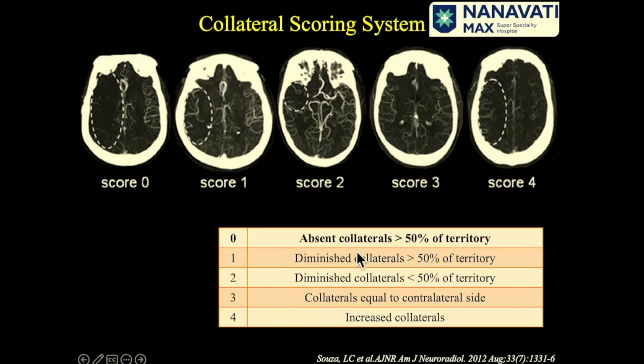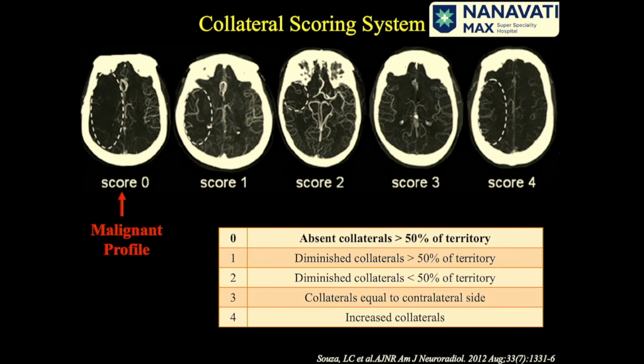Just for our information, if you have absent collaterals covering more than 50% of MCA territory, it is considered as score 0. Less than 50% territory is considered as score 1. Diminished collaterals which are equal is score 3, and increased collaterals is score 4.